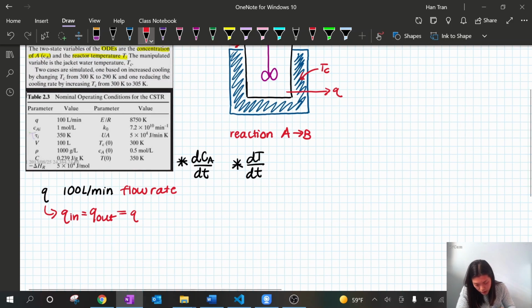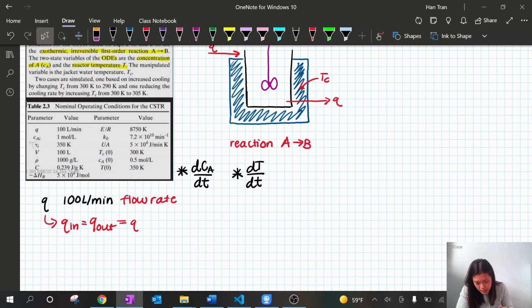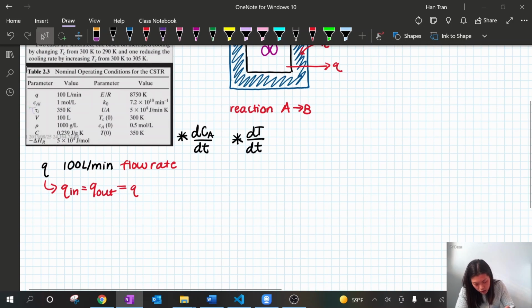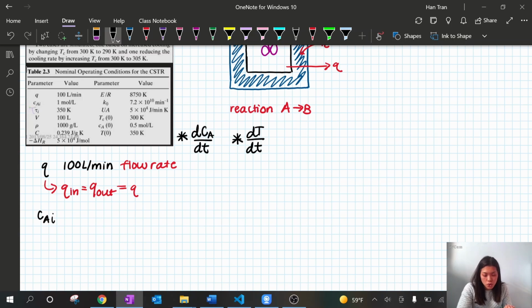Now we are given a parameter called CAI. Initially looking at it, the assumption could be made that it's the concentration of A. The I could either mean initial or going in, but we are also given this parameter on the right over here that is CA of 0.